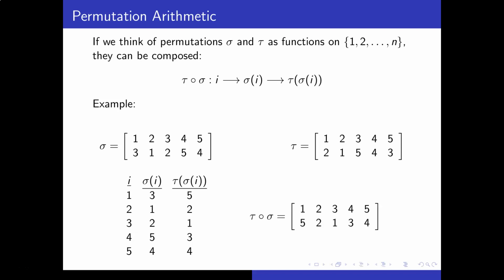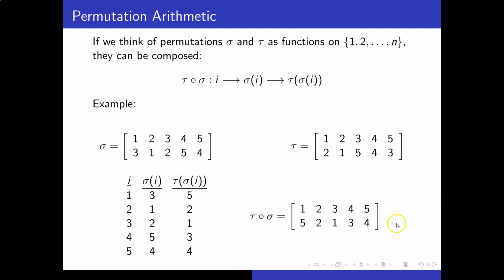We get another permutation. If we write that out as a matrix, I have 1 through 5, then in total 1 goes to 5, 2 goes to 2, 3 goes to 1, 4 goes to 3, 5 goes to 4. Now, this is kind of a long way to do that.